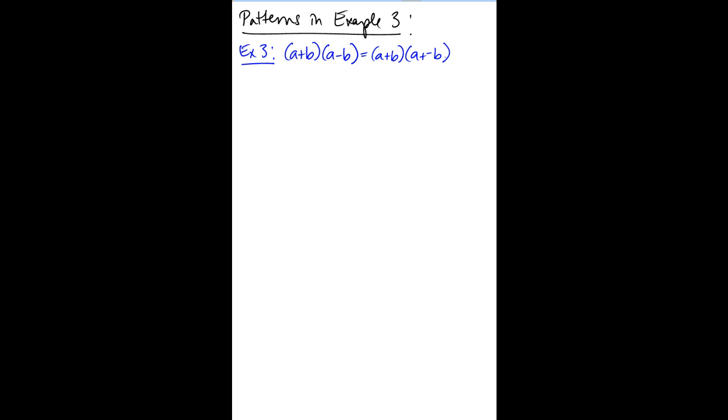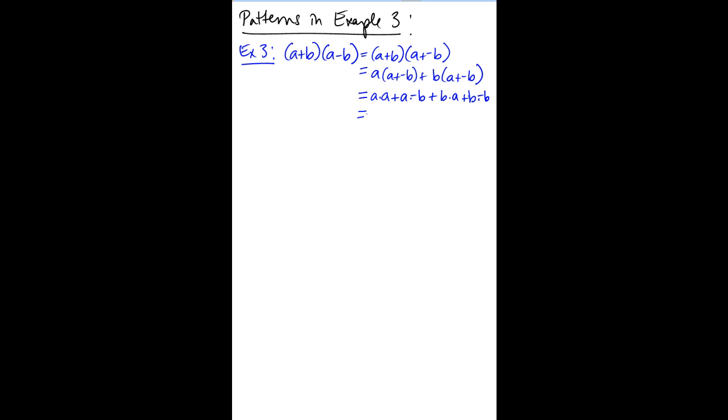And then I'll go ahead and do the multiplication to remind ourselves what that looked like. So we have a times a plus negative b plus b times a plus negative b. We distribute that a plus negative b to each piece. Now I want to distribute the a to each piece here and the b to each piece here. So I get a times a plus a times negative b plus b times a plus b times negative b.